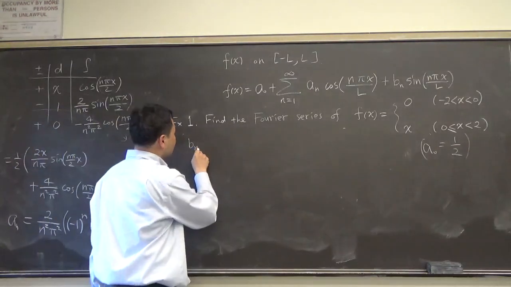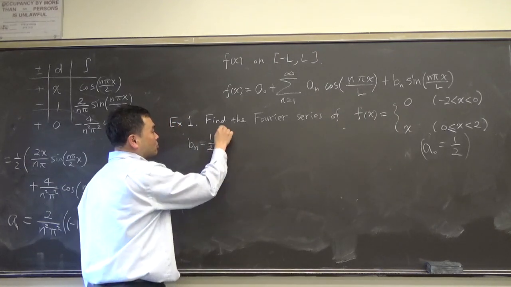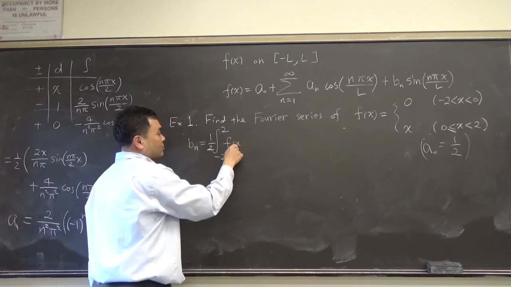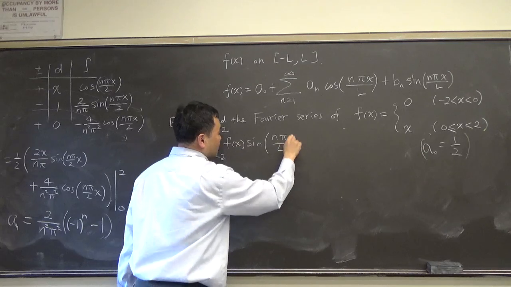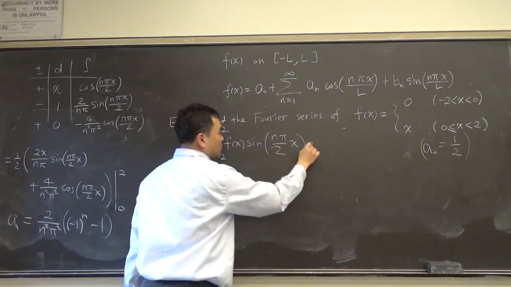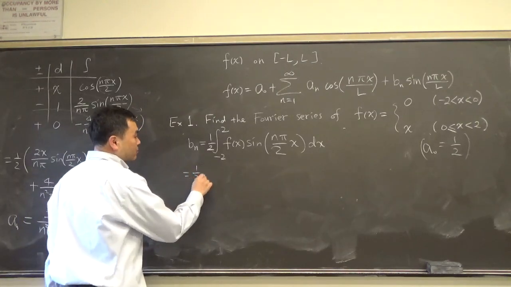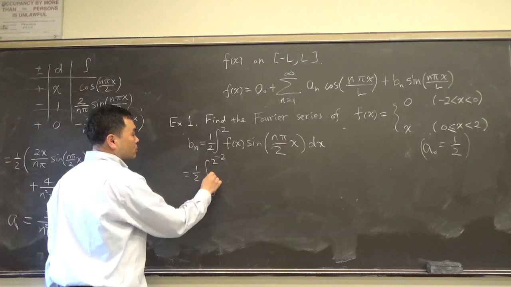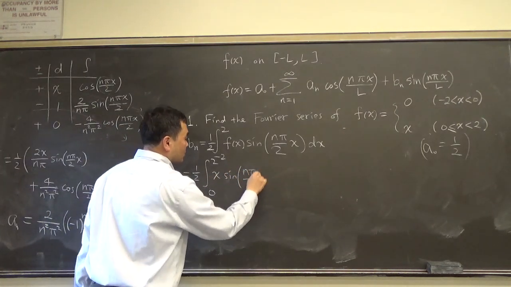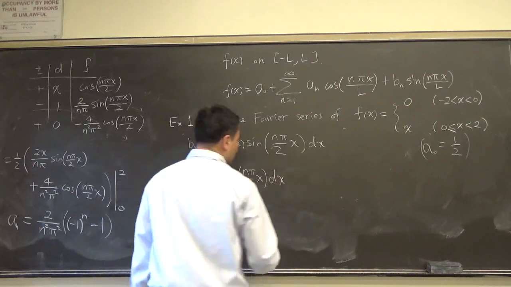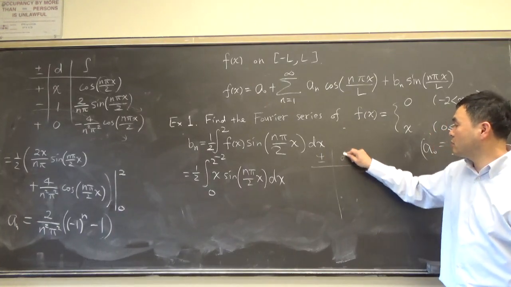And Bn is integral 1 over L from negative L to positive L, f of x times sine n pi over L x. Well, L is 2. And then that equals 1/2 integral 0 to 2 x times sine of n pi over 2 x dx, which requires another tabular integration.